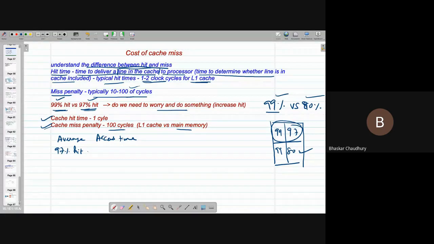How much time in terms of cycles do I have to spend in the case of 97% hit?